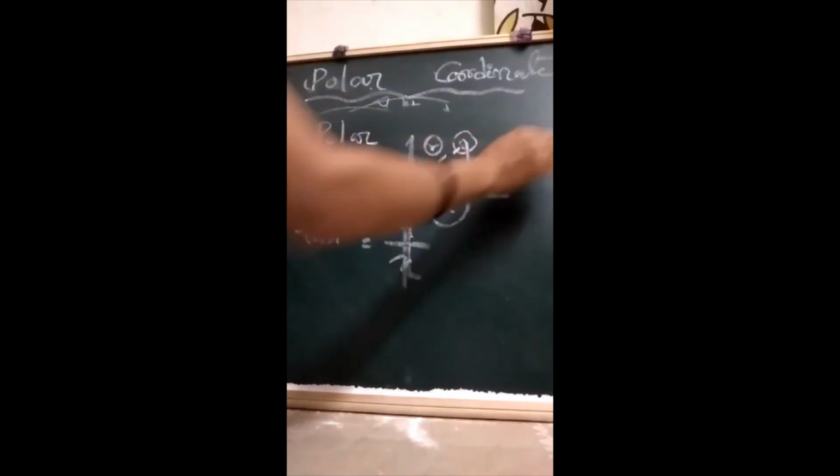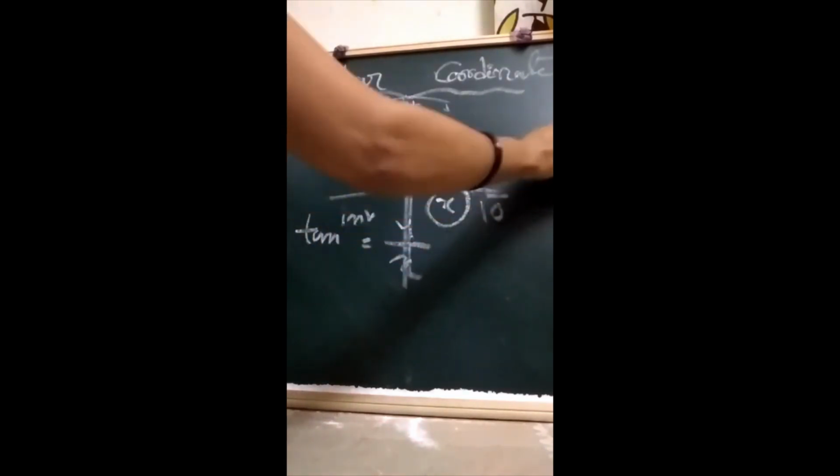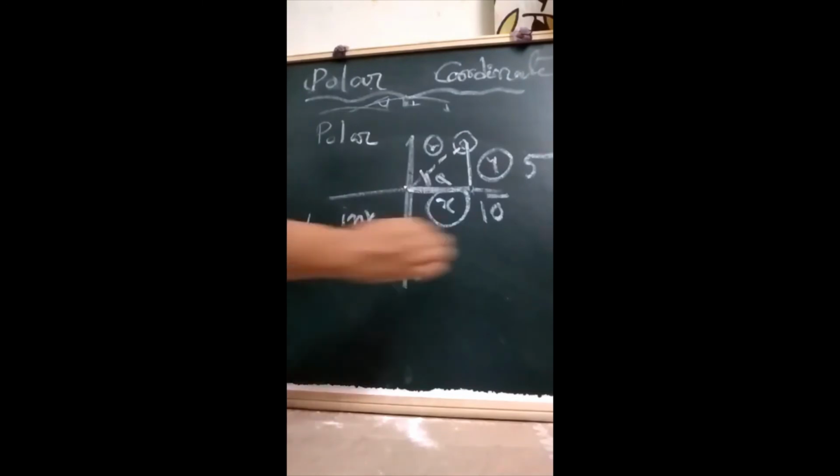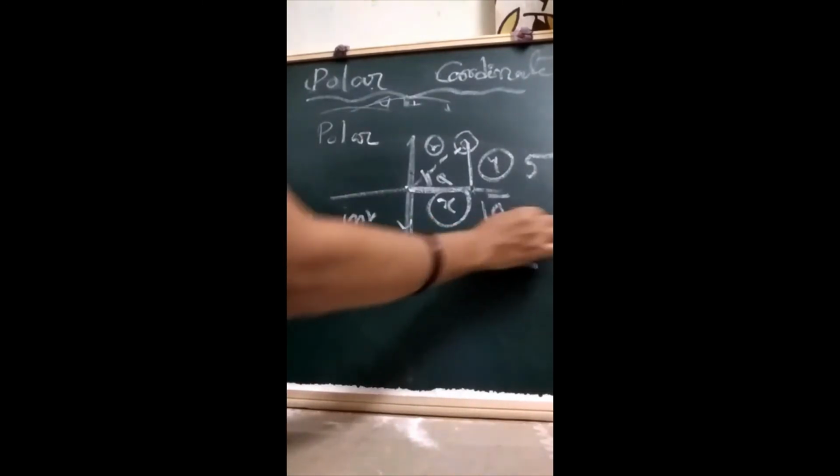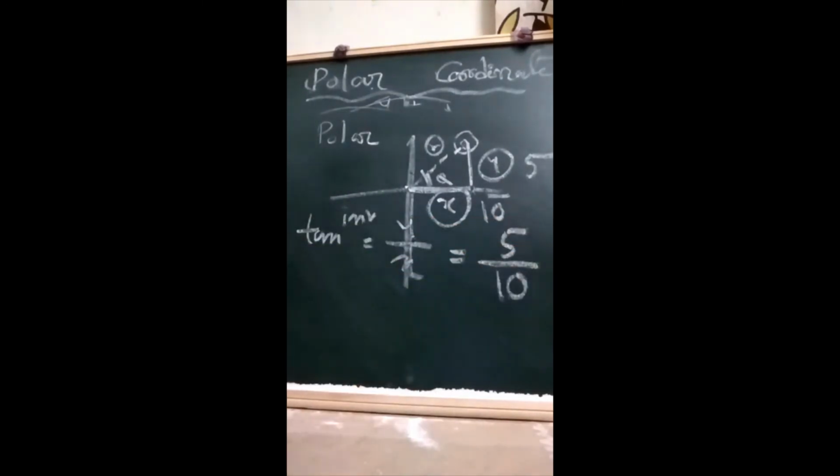Suppose x is 10, y is 5. You can easily find out the tan inverse of 5 divided by 10, and put it in degree, minute and second, and you can easily find out the value of theta and r. Why is it called r? It is a radius value.